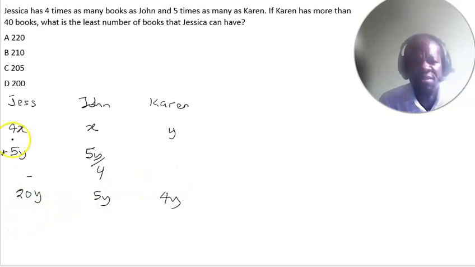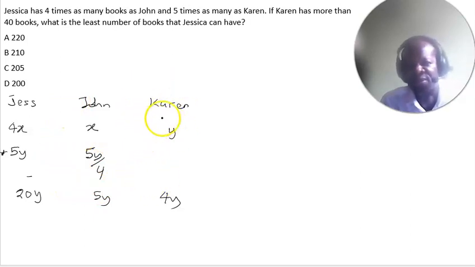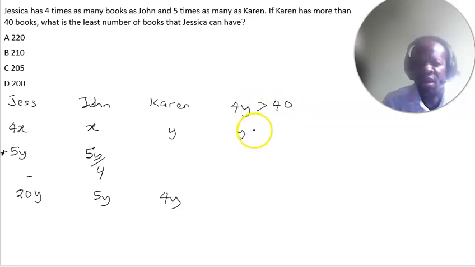So that means the number of books Jessica has will be 20y. That for John will be 5y. That for Karen will be 4y. So let's continue. If Karen has more than 40 books, so that means Karen, which is 4y, has more than 40 books. That translated to an inequality will give us 4y is greater than 40. So that means y is greater than 10.